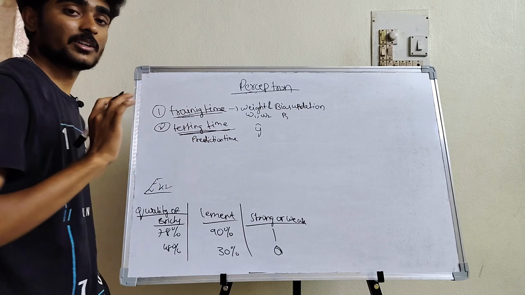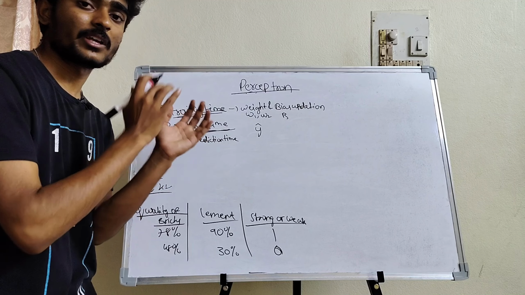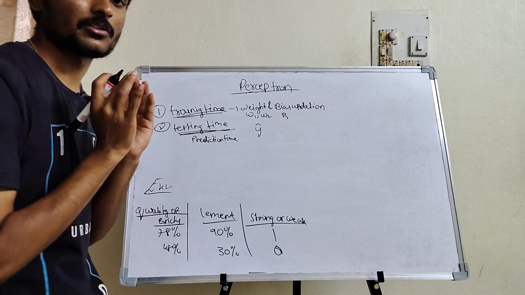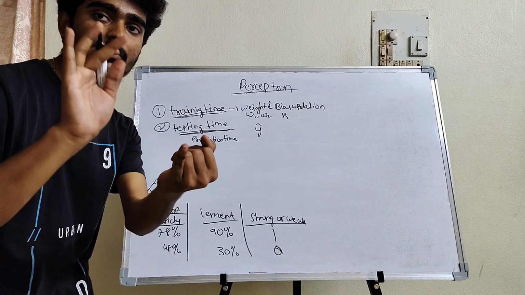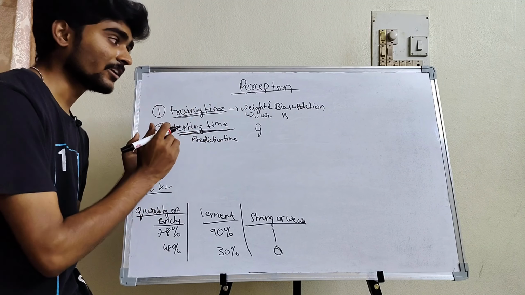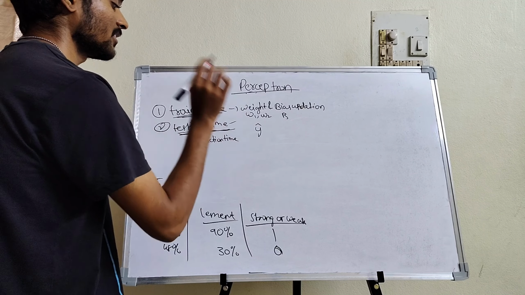But in case of training time, the weights and bias values will be varied from time to time. At the end of the training, you'll get some fixed values of weights and bias. In testing, you only work on fixed values of weights and bias. You don't calculate the weights and bias again. So this is training time and this is testing time.